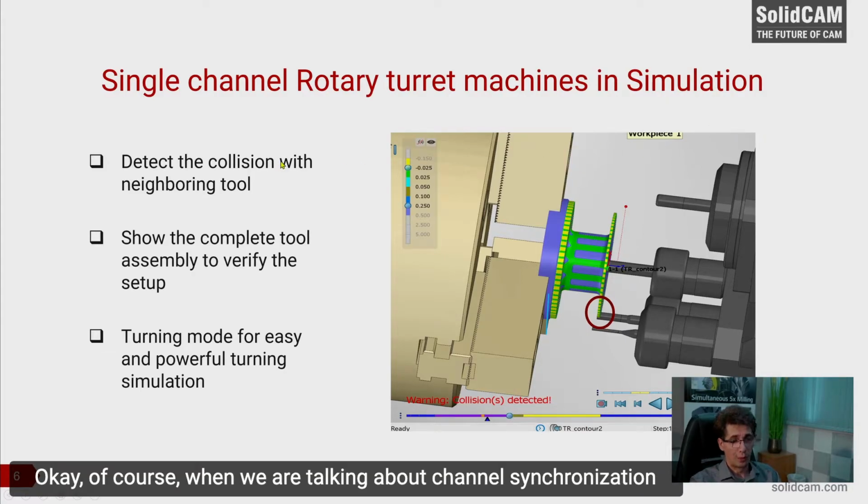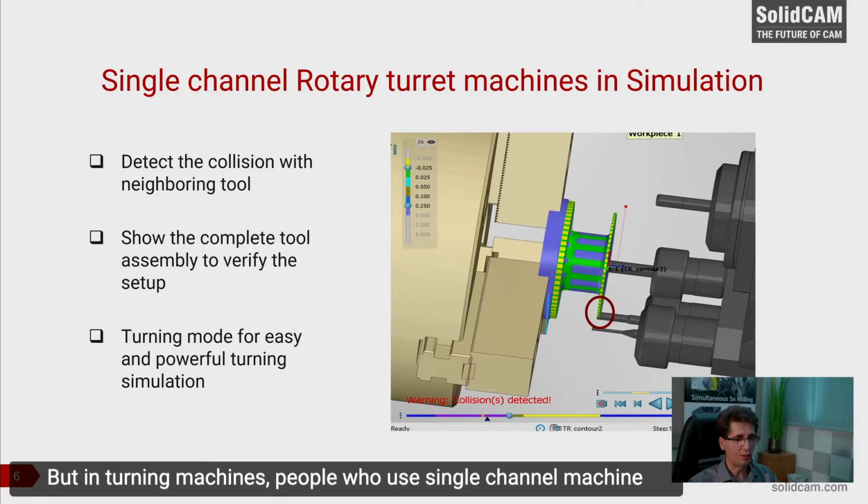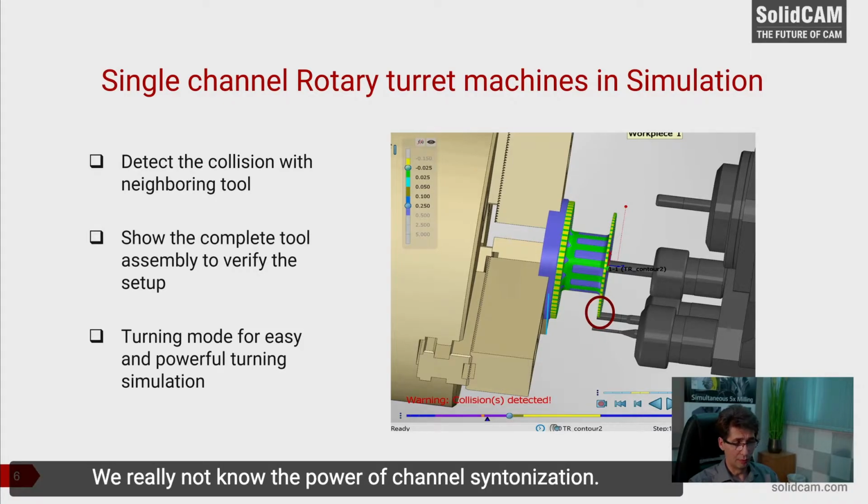Okay, of course, when we are talking about channel synchronization, it's really hard to skip the turning machines. But in turning machines, people who use a single channel machine, like the ST series without a lower turret, will really not know the power of channel synchronization, what it can give you.